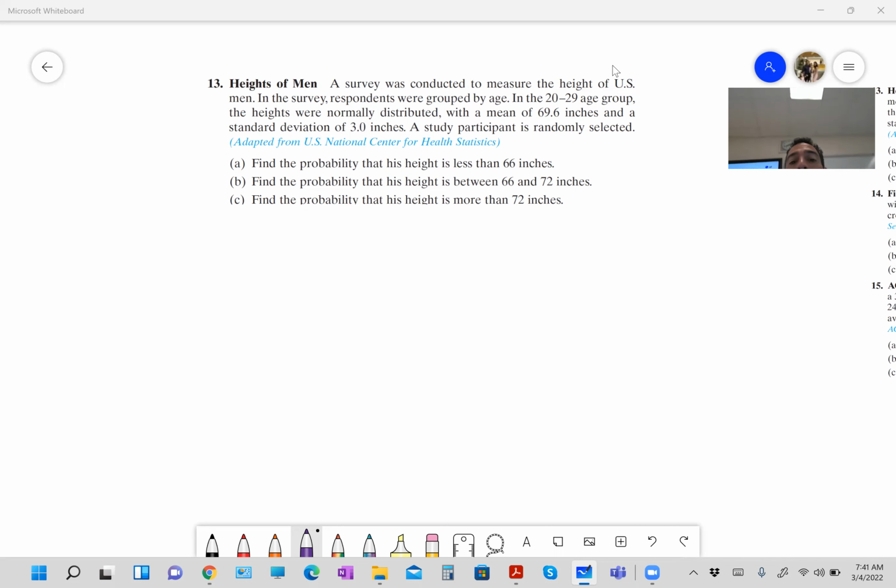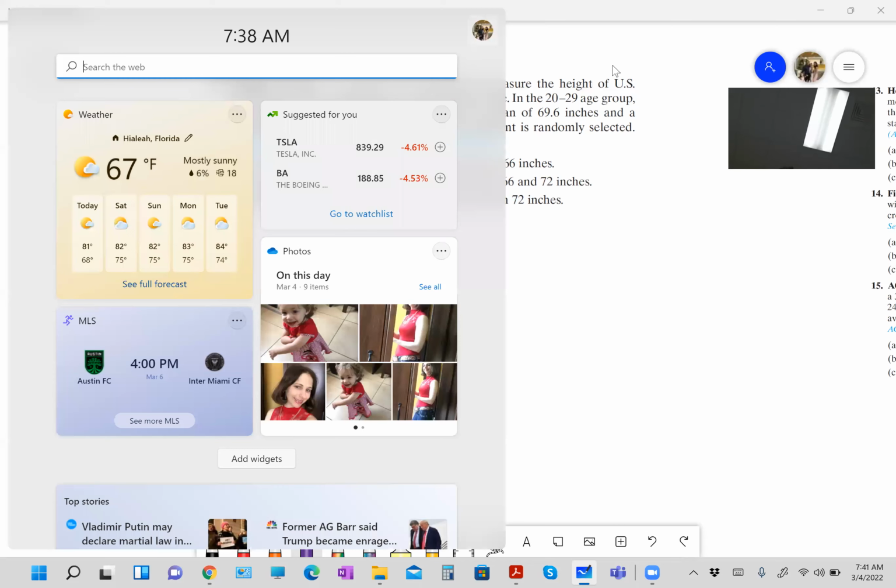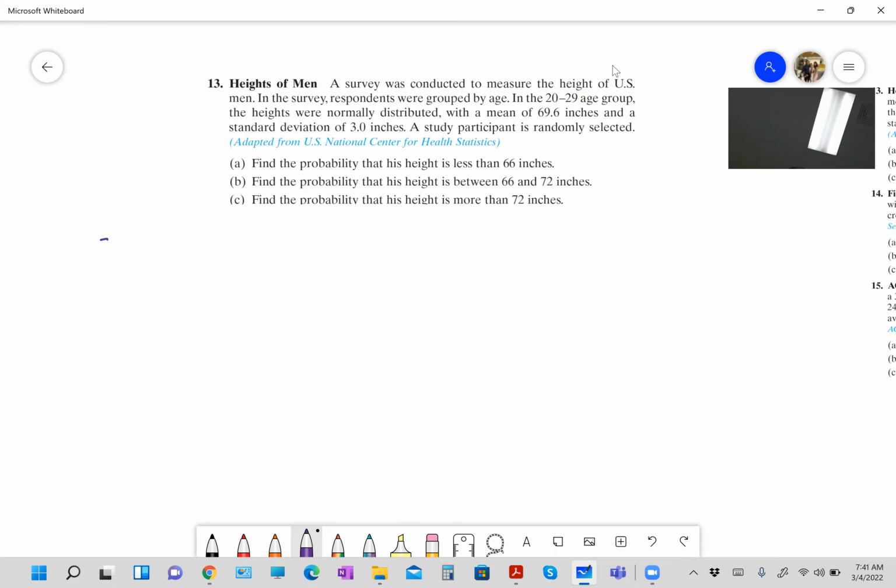So let's begin. It says, okay, what's the mean they give us here? So let's say we're gonna start part A. We draw out a sketch of our normal distribution. Here is our mean. It says 69.6.